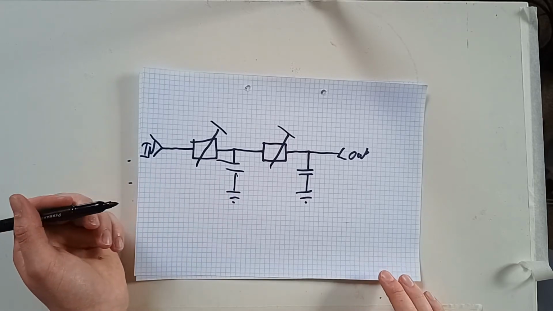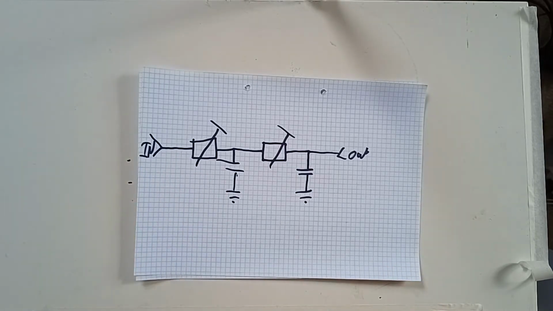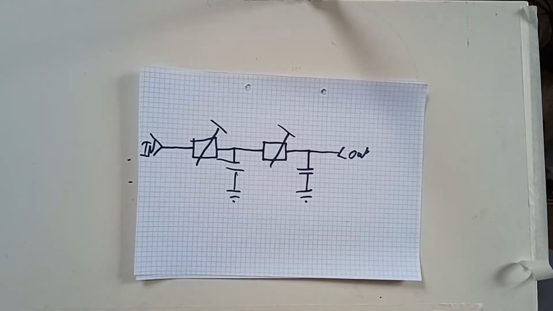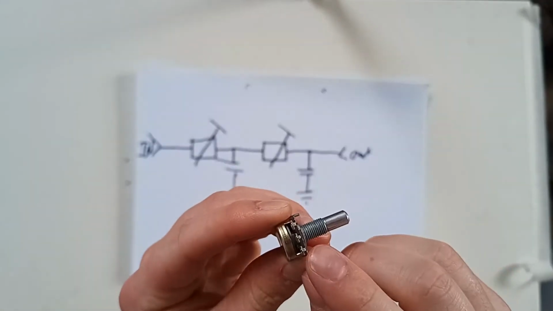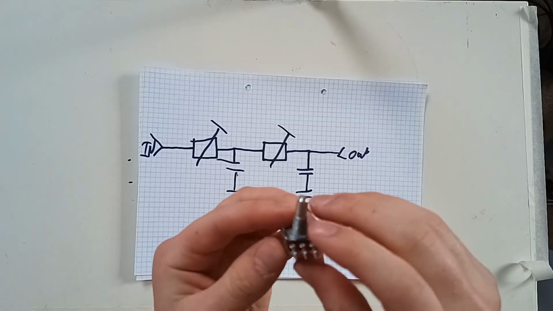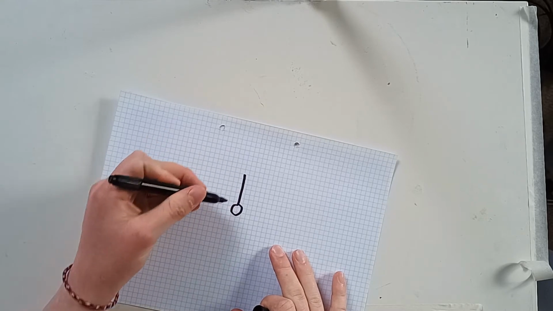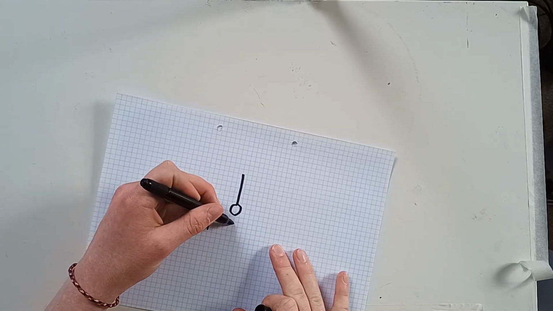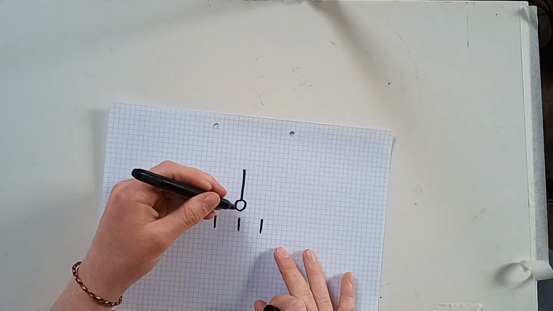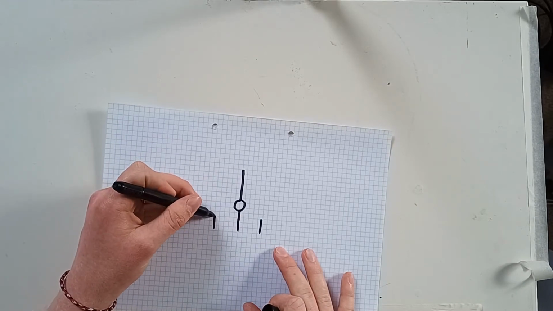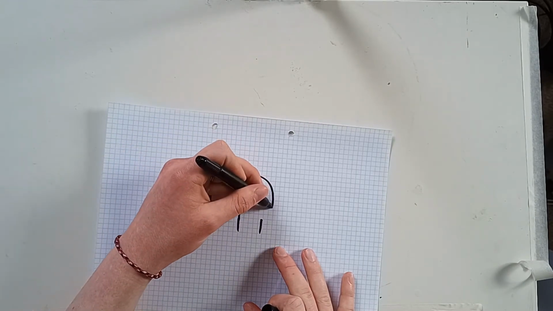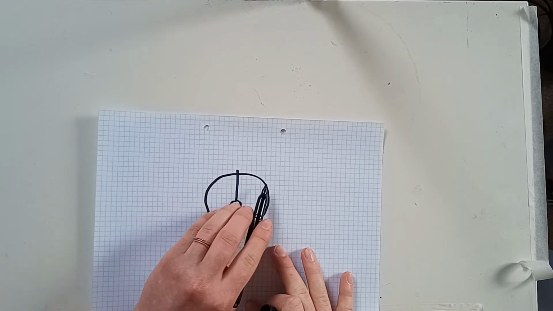And the way you'd do that is you use something called a dual gang potentiometer, which, to go back to the potentiometer, it has 3 pins all in a line, and you have a wiper and then a resistive track. So you have 3 pins, one connects to your wiper, the other 2 are connected by a track like this.